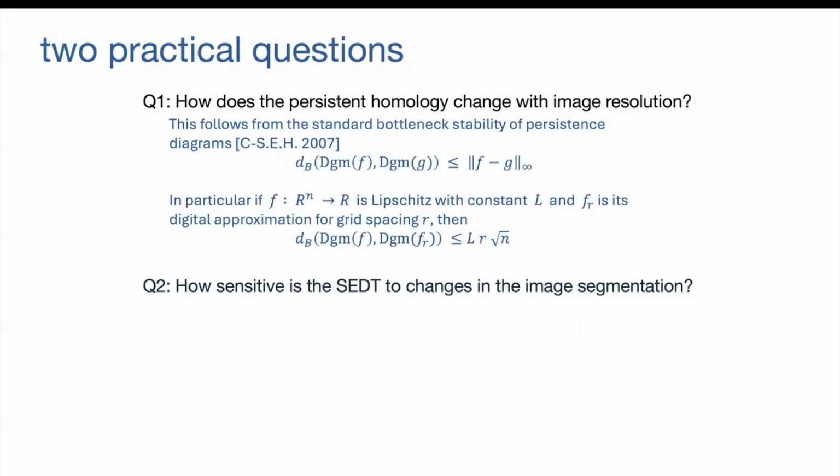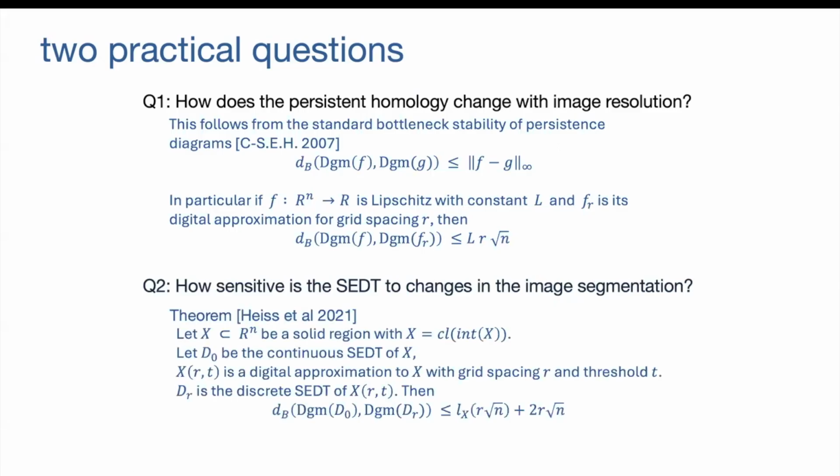Okay, so these questions I also explored with my Women in Computational Topology group, and basically we can establish the change with image resolution just using standard bottleneck stability. And because, I guess particularly, distance transforms we know are Lipschitz with Lipschitz constant 1, we can get quite a nice bound there, right, on the change in homology with different pixel spacings, okay?